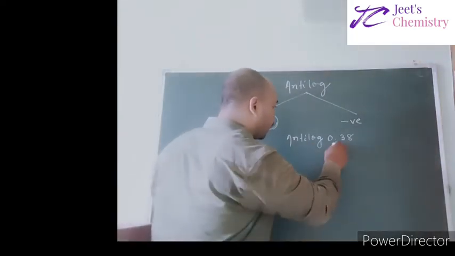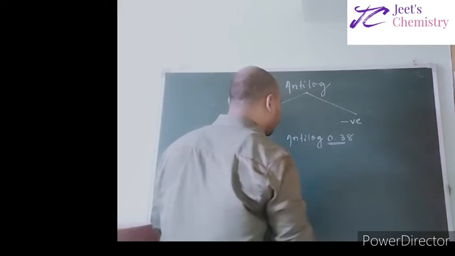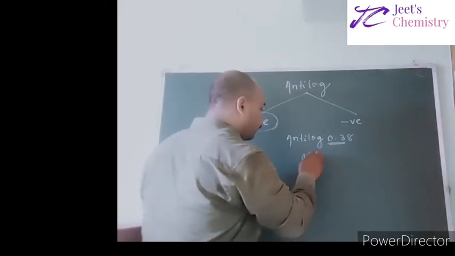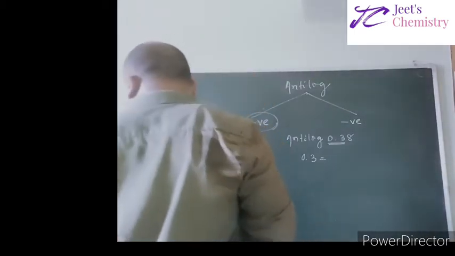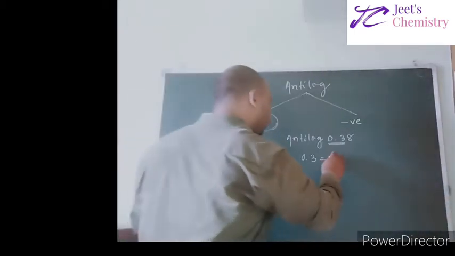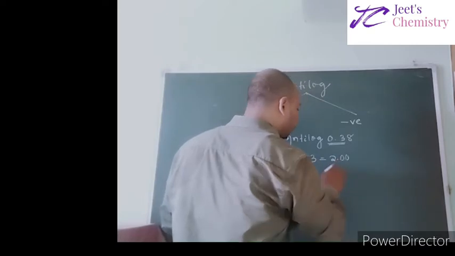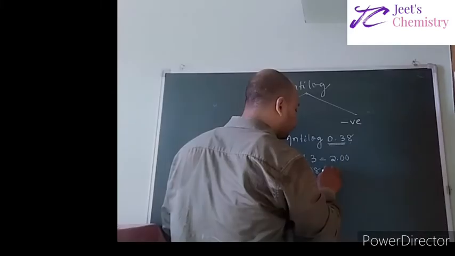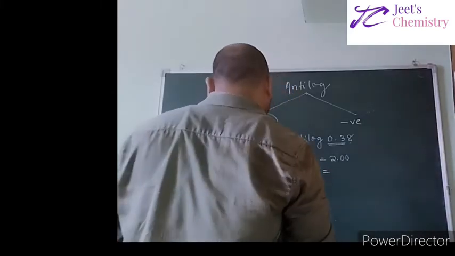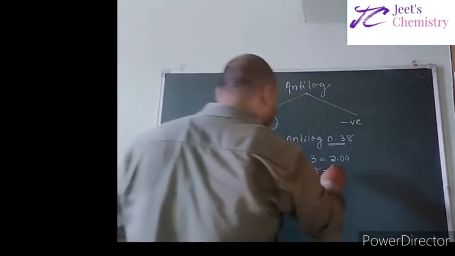Now I told you, for 0.3, the first digit, what is the value? That is 2.0, and then 0.08, that is 1.20.